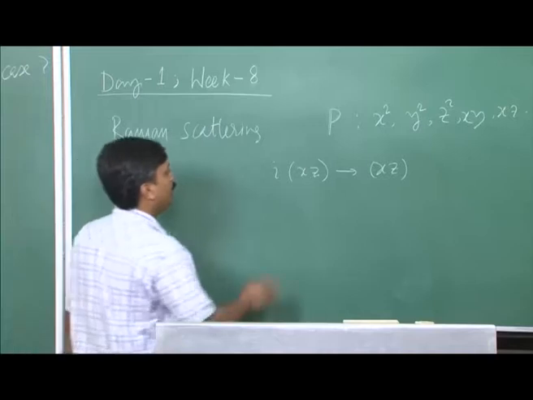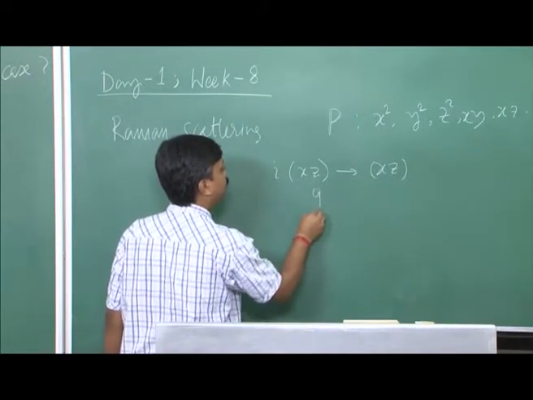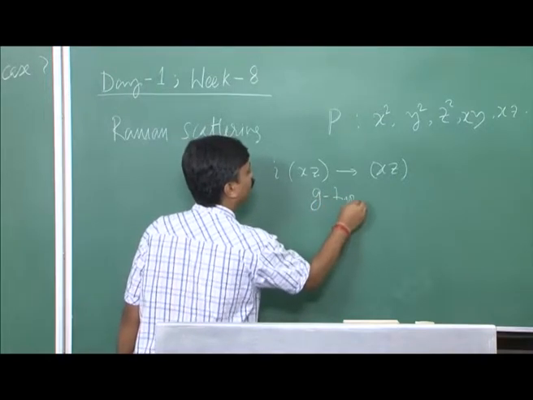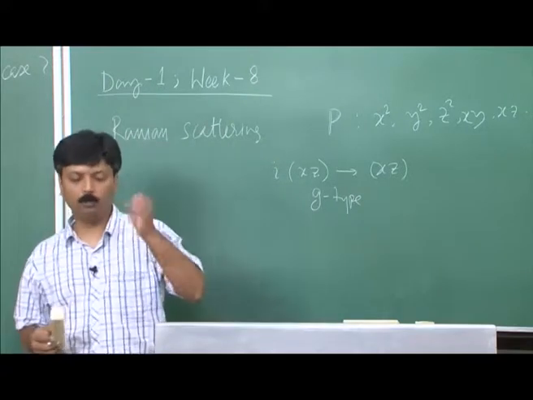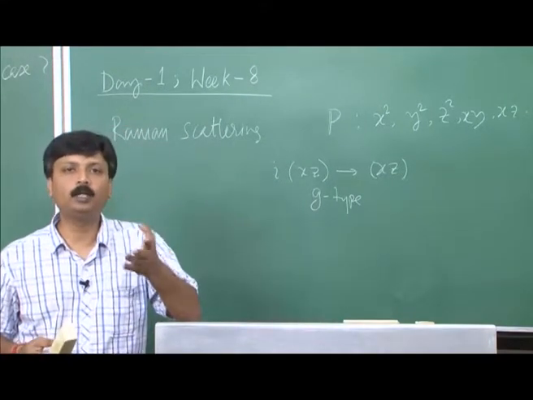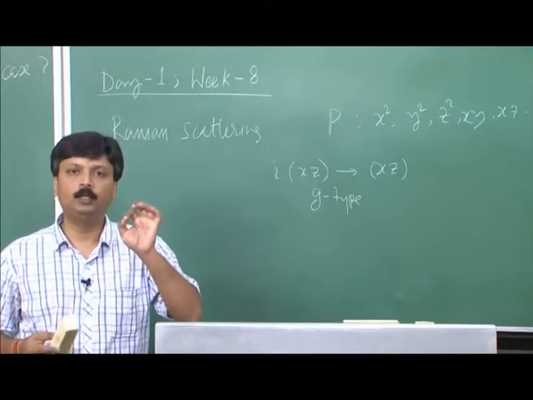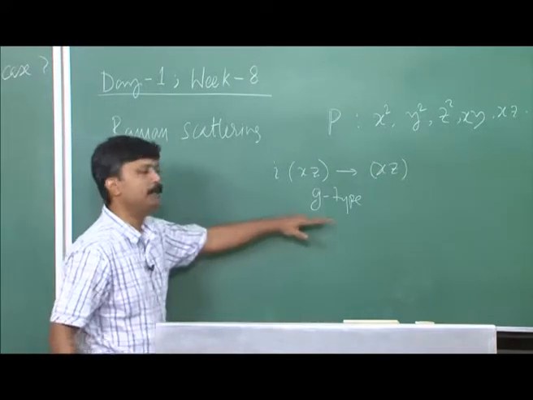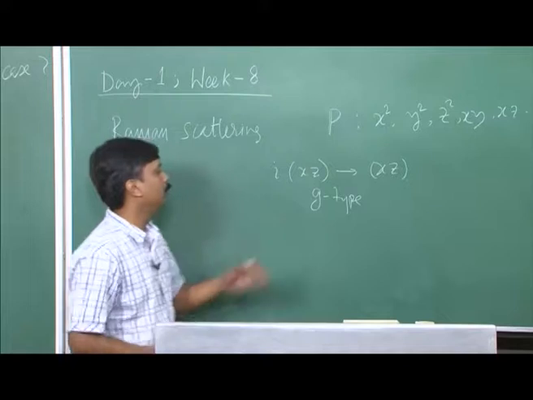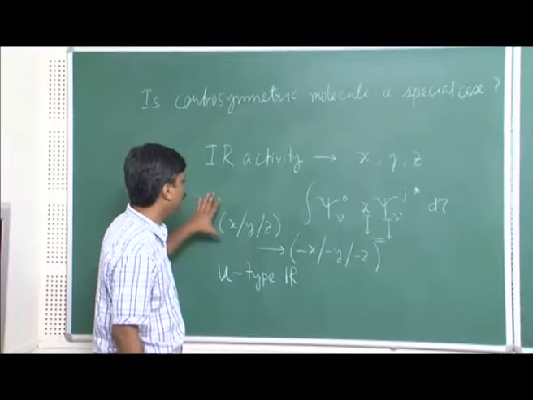Therefore, these functions are of G type, meaning that in order to show a Raman transition for any particular vibration, the involved normal mode must belong to G type of symmetry.